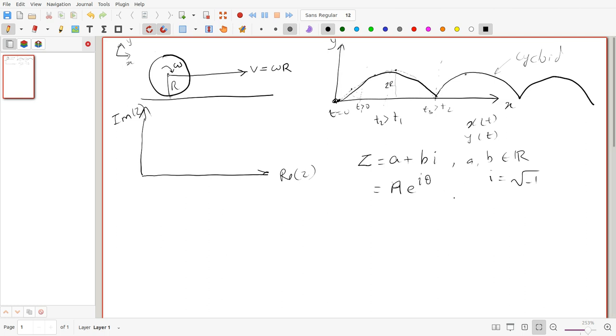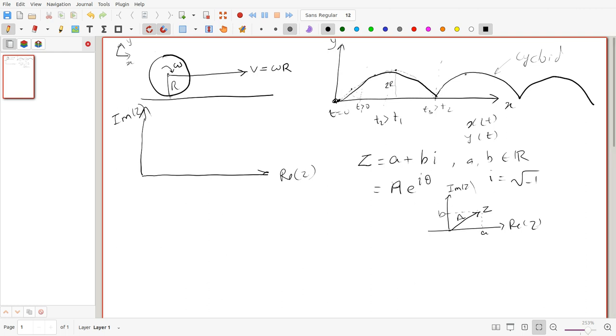What this means pictorially: this is the complex number z that we're interested in, where a and b happen to be the real and the imaginary parts, which we saw from the first representation.